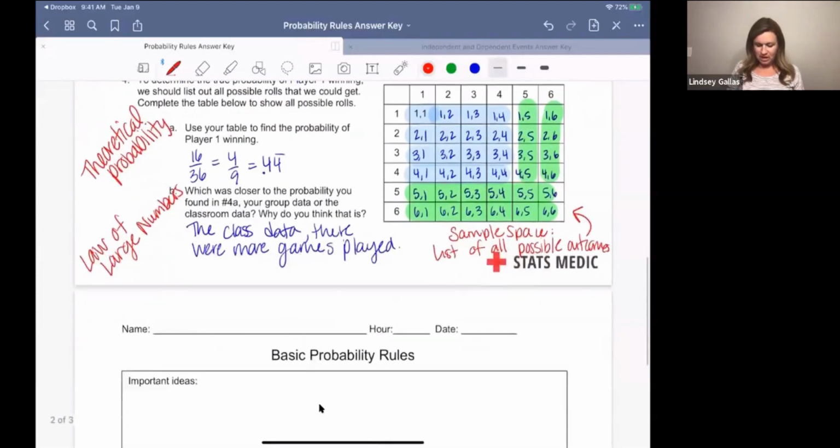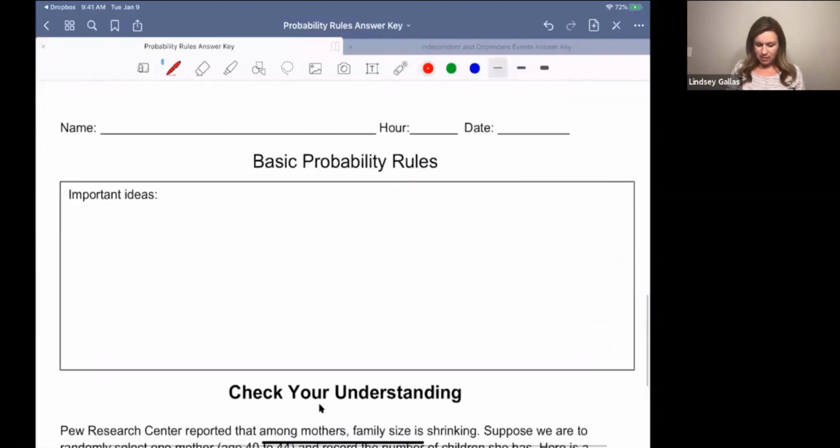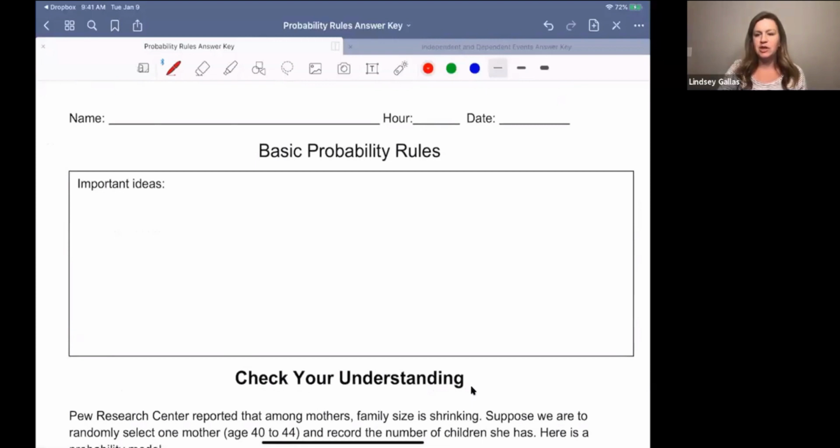All right, awesome. So let's get some of our rules down. So some of our big important ideas today. The first thing is an idea about a probability model. And some of this will sound familiar. We've talked about similar ideas before, but a probability model is a list showing all possible outcomes. So we can also think of this as sort of a sample space.